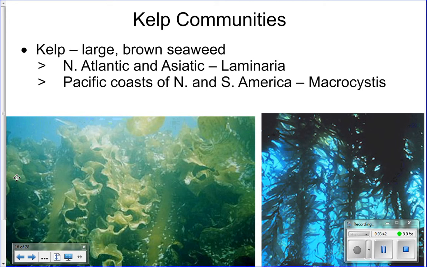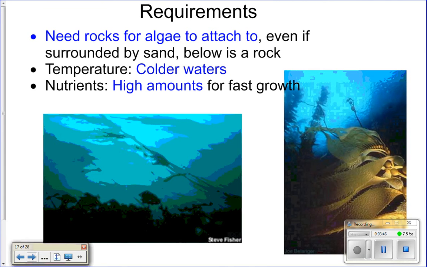Let's look at what kelp absolutely must have in order to grow and survive. Kelp absolutely must have a hard place to attach to. It has to have a rock to attach to, even if that means a rock that's surrounded by sand.